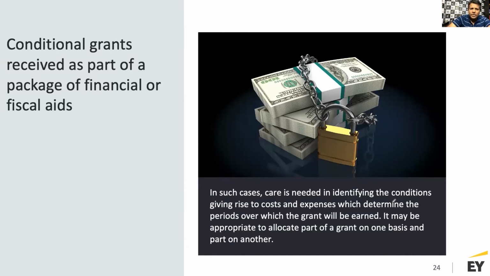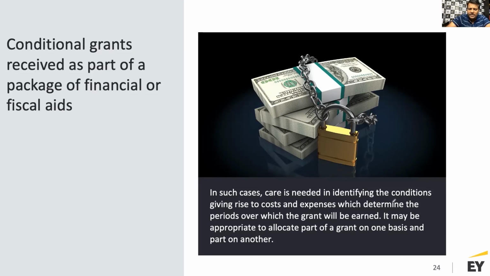It may be appropriate to allocate the part of a grant on one basis and part on another. So you got to again be very, very clear on the purpose. So remember the recognition criteria, that you will be able to fulfill the conditions and grant will be received. Once you've done the recognition criteria, then you have to determine over what period I'm going to record this in my profit and loss account.